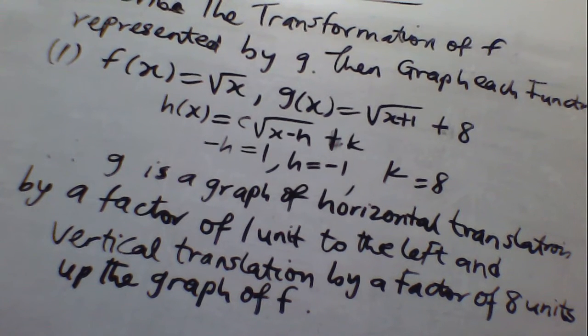So g is a graph of horizontal translation by a factor of 1 unit to the left, and vertical translation by a factor of 8 units up the graph of f.